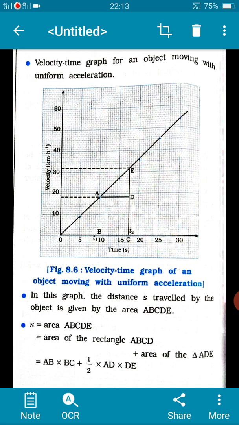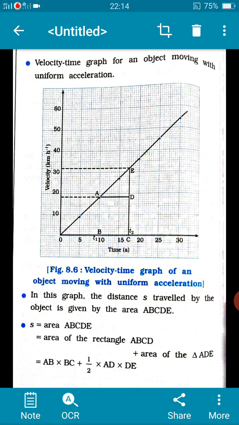It includes one rectangle and one triangle, so the area is equal to the area of rectangle ABCD plus the area of triangle ADE. That's equal to AB into BC plus half into AD into DE. That will give you the area.